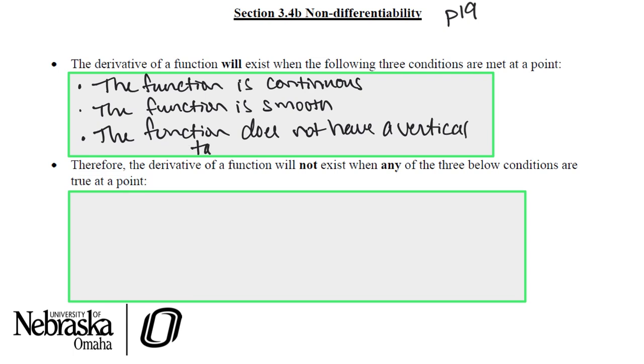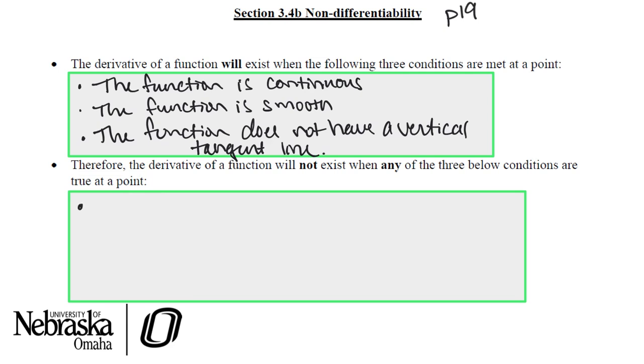The function does not have a vertical tangent line at the specific point. The second part says, therefore, the derivative of a function will not exist when any of the three conditions are not true at a point.